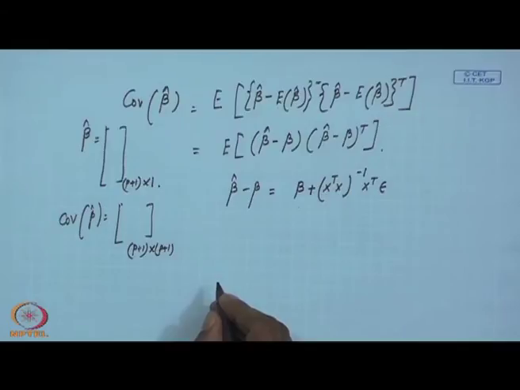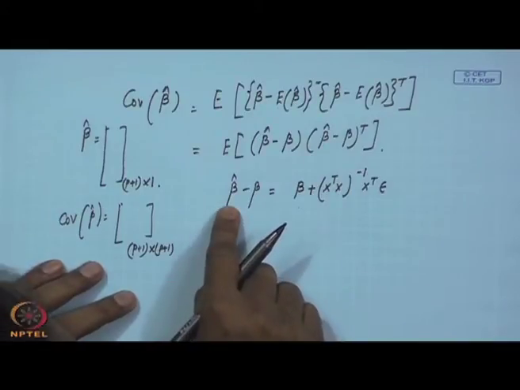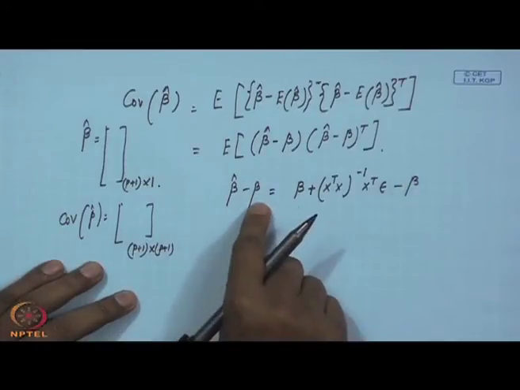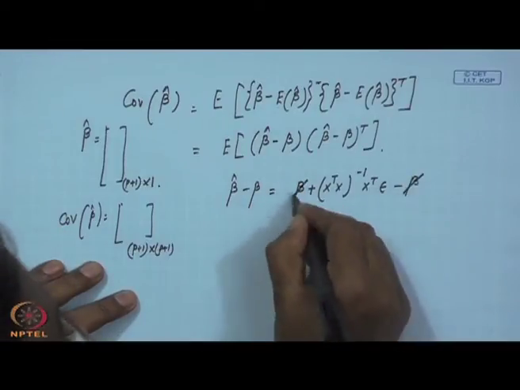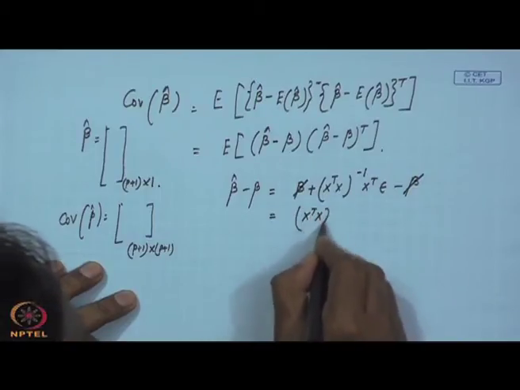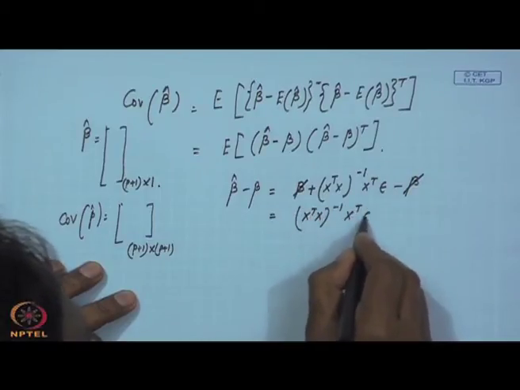So, beta cancels out, and beta cap minus beta becomes (X transpose X) inverse X transpose epsilon.